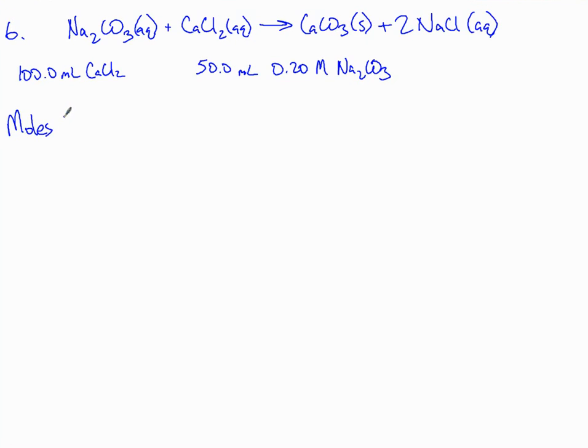First thing we probably want to know is how many moles of carbonate are we adding? Remember, everything needs to go back to moles. How much carbonate are we really adding here? Here's the volume, and multiply that by the concentration, which is moles per liter, or you could say moles per 1,000 milliliters.